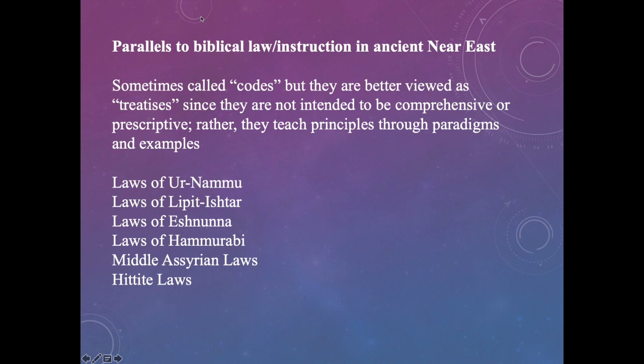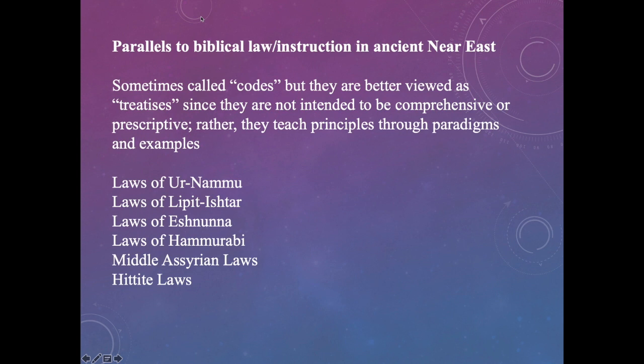There are parallels to biblical law and instruction in the ancient Near East. These are sometimes called codes, but they are better viewed as treatises since they're not really intended to be comprehensive or prescriptive. Rather, they teach principles through paradigms and examples.